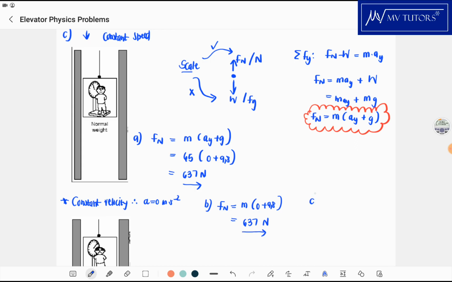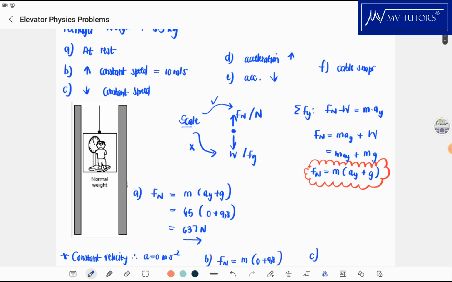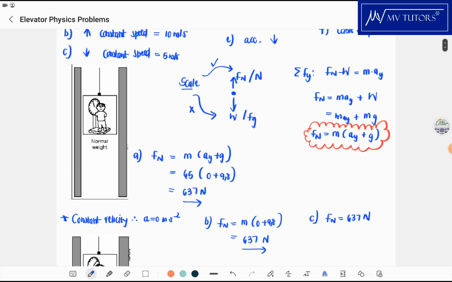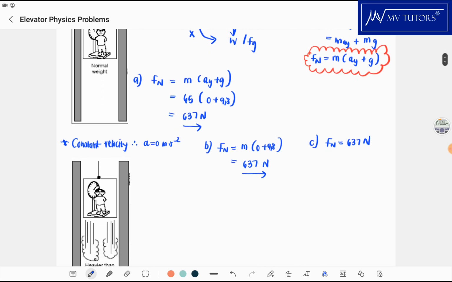And then for C, what is the reading on the scale if the elevator is moving downwards at a constant velocity of 5 meters per second? Guys, it's constant, meaning acceleration is 0. So again, what the scale will read is 637 Newton. Okay, so this is all for scenario A, B, and C.